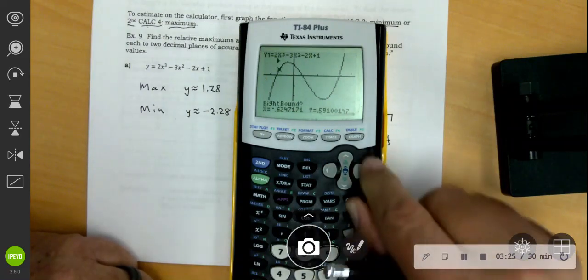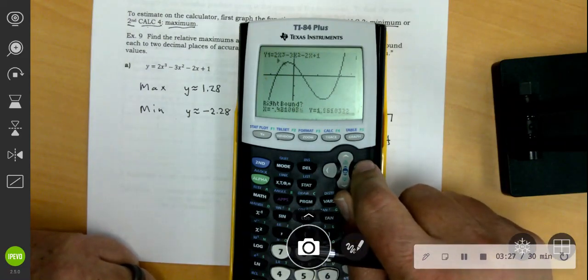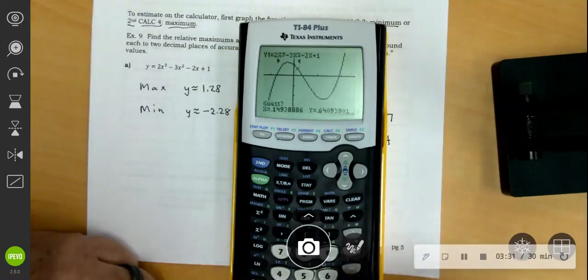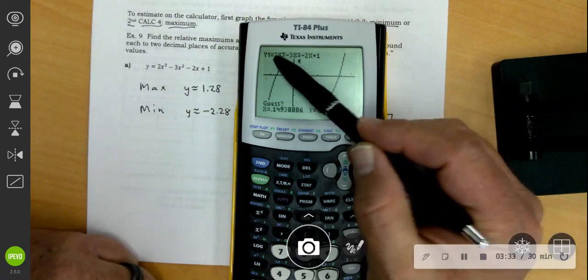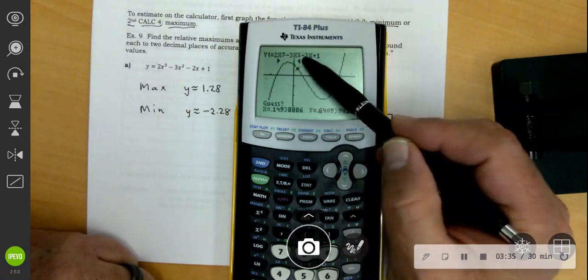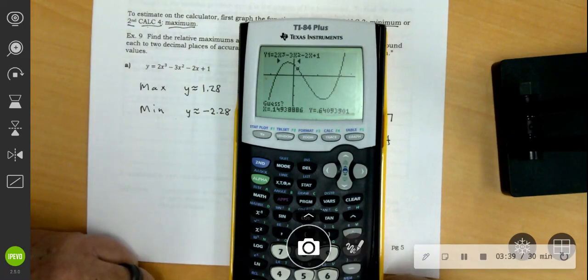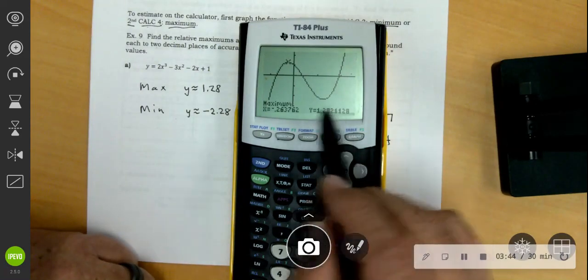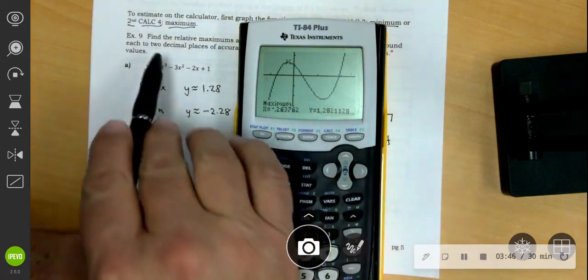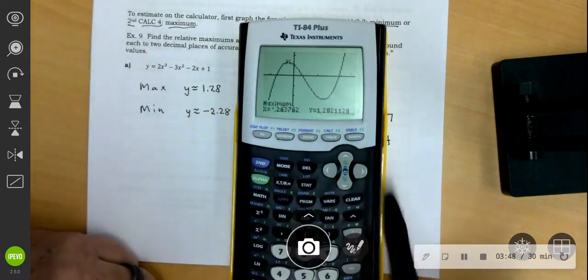Hit enter, and now it wants you to go to the other side. So anywhere over here would be fine. Hit enter. And that hilltop should be between those two black marks that show up. Now when it says guess, you can just hit enter one more time. And here's your answer, 1.28. You can see that I rounded to 2 decimals as specified in the problem.